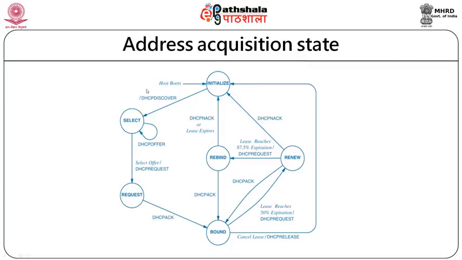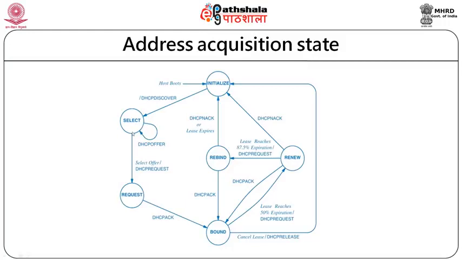So, once you discover all the DHCP servers available nearby in the local network, it is going to choose one, depending upon the availability. In the select state, it will choose one. Here you can see the DHCP offer. Whatever networks you have recognized, out of that one will be chosen.